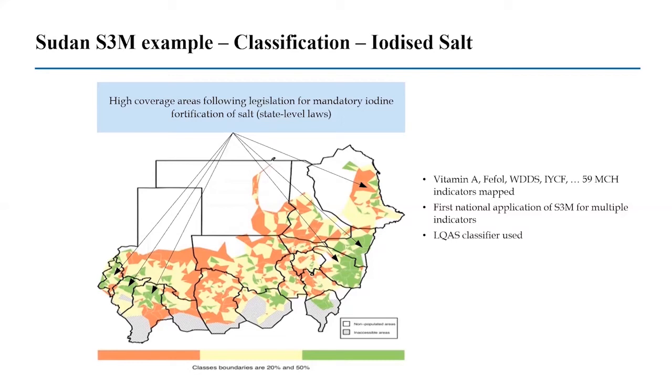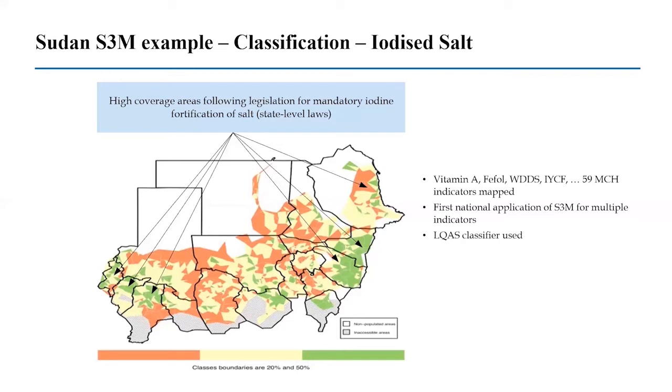Here we can see that in the areas where there has been mandatory fortification of salt, iodine fortification of salt, and this has been policed to a certain extent by taking salt samples from markets and prosecuting traders that were trading in unfortified salt, we can see that the fortification program has achieved reasonable coverage.